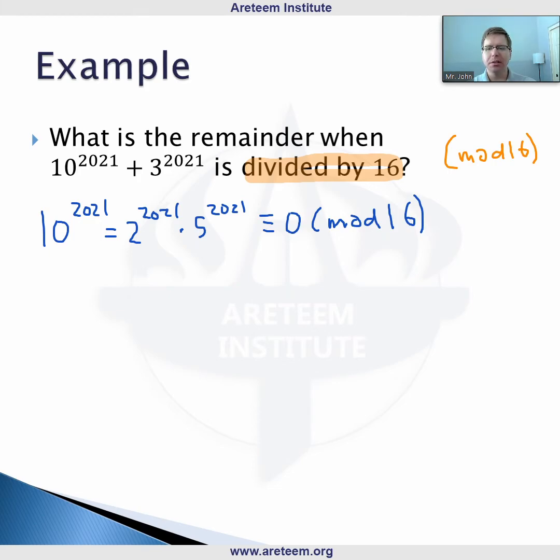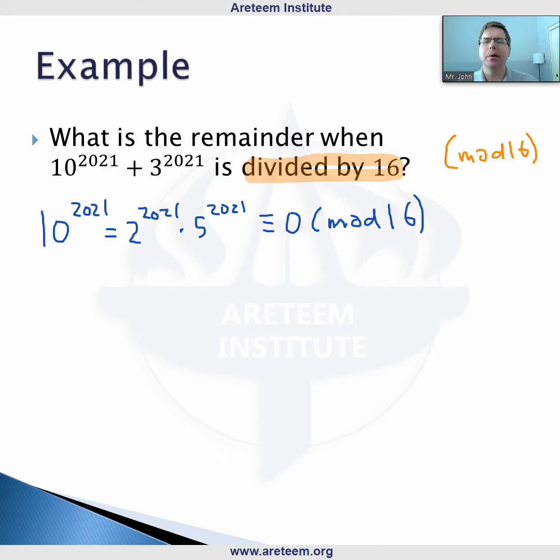Now, let's do something similar for the powers of 3. I want to start with an observation. Sometimes you can do this with a pattern, but sometimes it might just be helpful to think about the numbers involved and think about powers of 3 a little bit. So we have 3, 9, 27, 81.